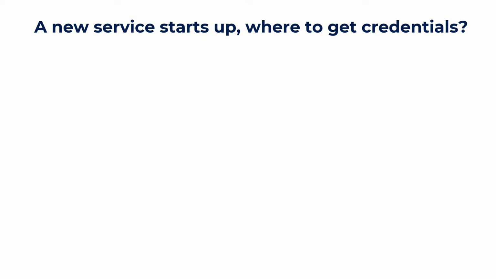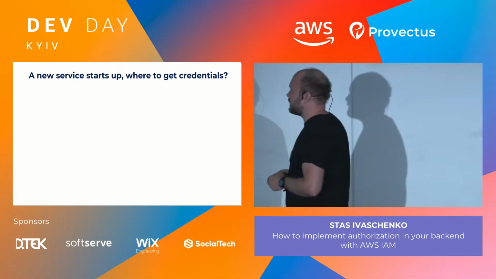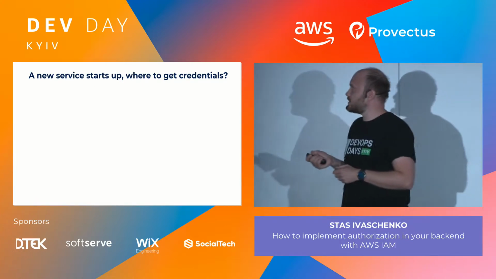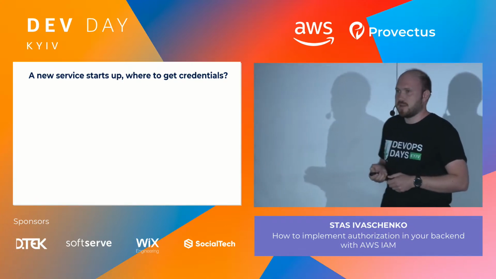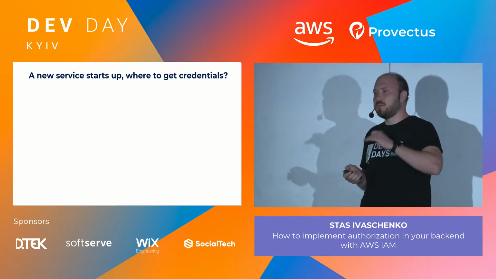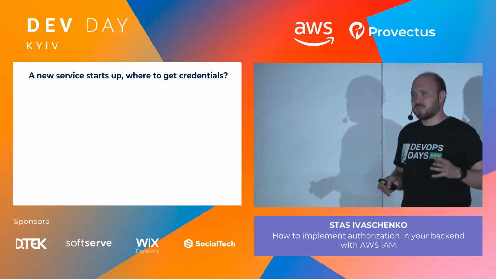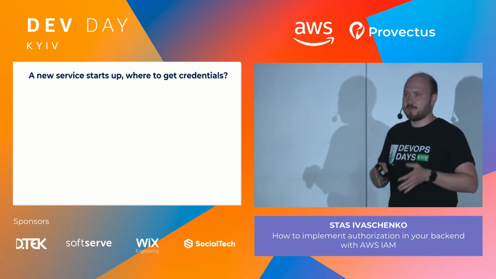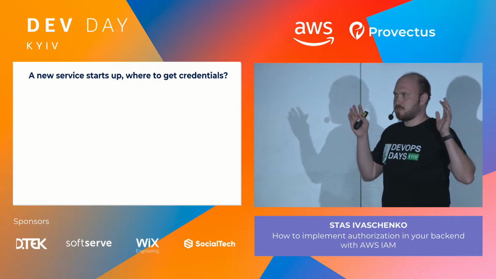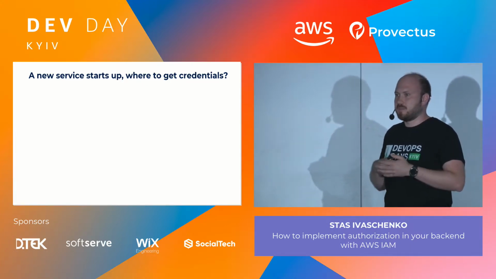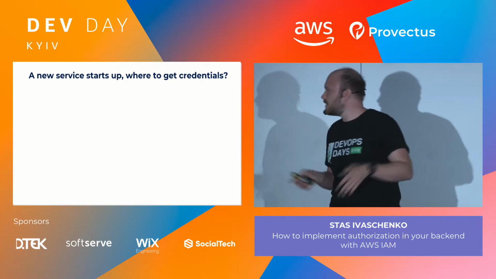So a new service starts up. Where to get credentials from? Well, a situation when a new service starts up is one of the most common situations that you have in your infrastructure today, because you have Lambda functions that are firing up and dying like in millions per second.